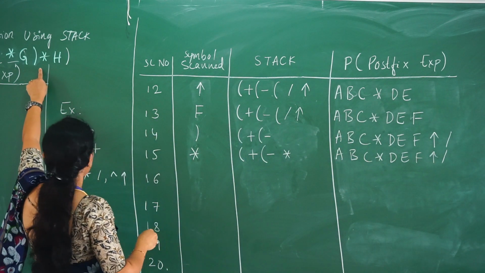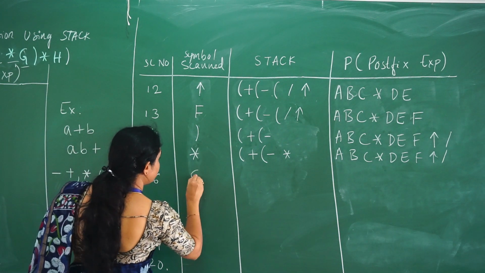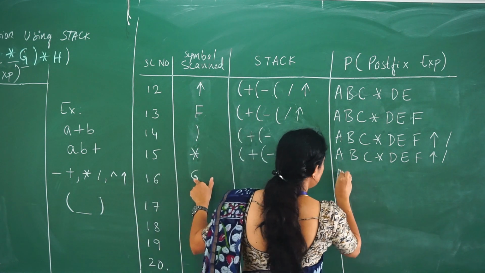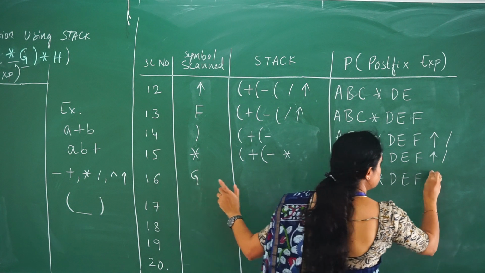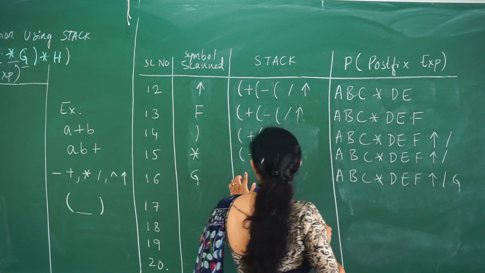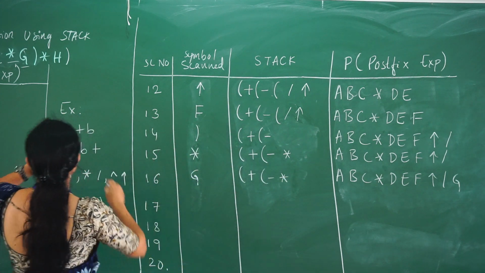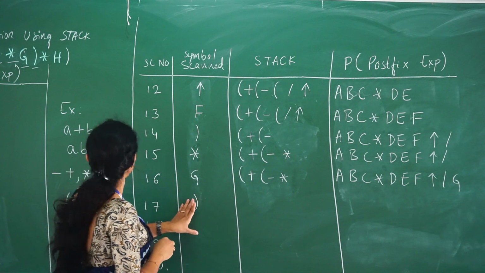The next scanned symbol is G. G is an operand, so we place it directly into the postfix expression. And this remains the same.